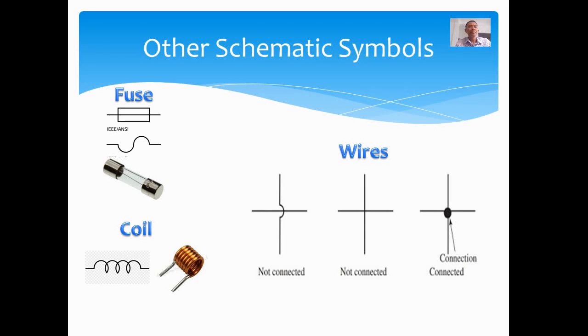The same with intersecting lines without a small filled circle: it means that the wires are not connected. And lastly, in intersecting lines, when you see a small filled circle, it means that there is a connection, or the two wires are connected.